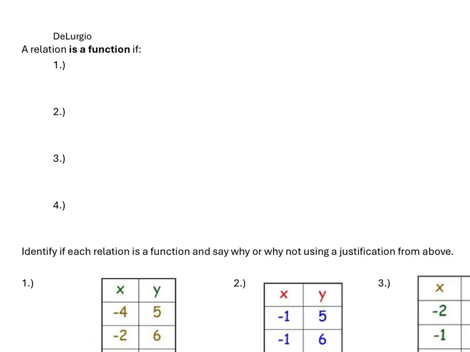So here's our little handy dandy quick reference guide to figure out if something is a function. A relation is a function if no x values are repeated in the set.